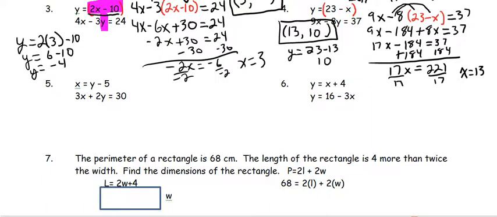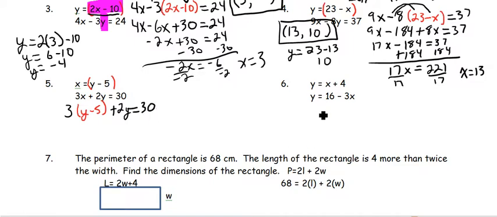Alright. I would like you to go ahead and practice number 5. I will get you started. You will put your other side of the x in parentheses, and then you will end up writing 3 times y minus 5 plus 2y equals 30.